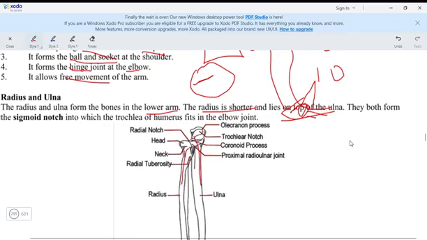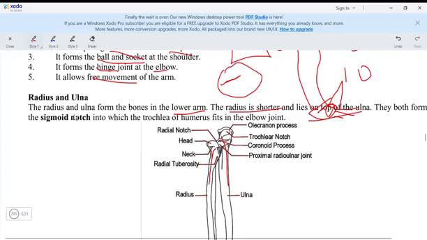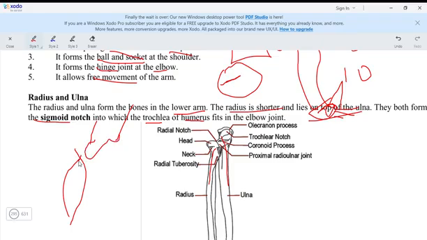So they both form the sigmoid notch, that means a bending notch, into which the trochlea of the humerus will fit. It means as the humerus is coming, it will fit. The trochlea of the humerus will enter that radius and ulna. So that trochlea is coming from the humerus.